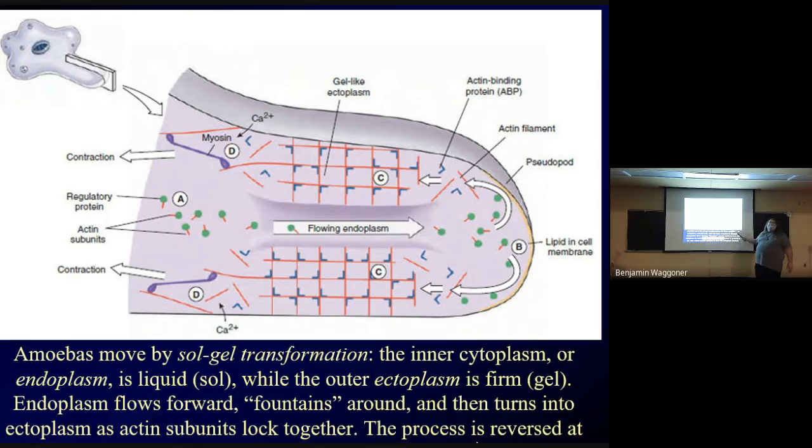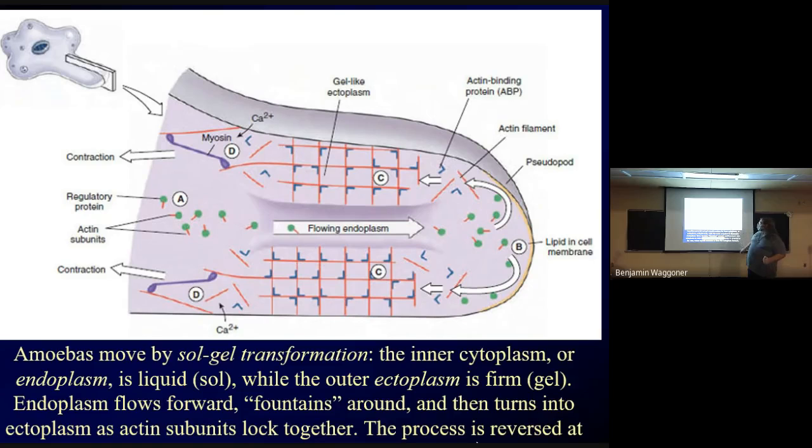The outer cytoplasm, called the ectoplasm, locks into place in that gel state. And we think that the cytoskeleton squeezes from behind and forces that sol, that free-flowing stuff, forward. So we have contraction of actin and myosin, the same proteins as do the work in your muscle.